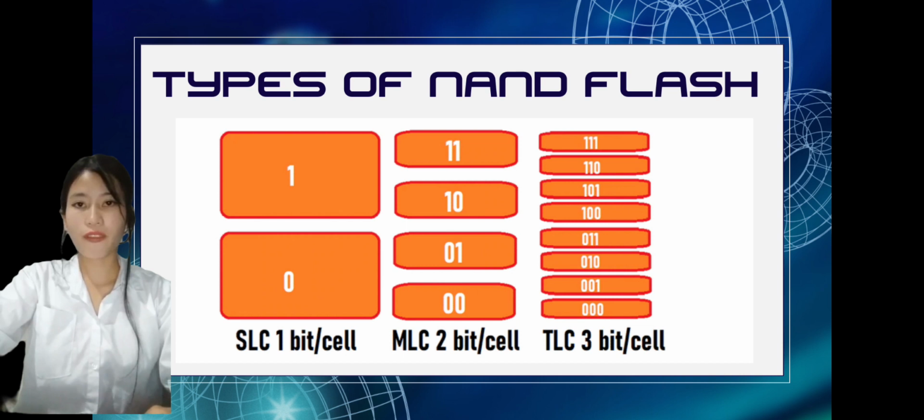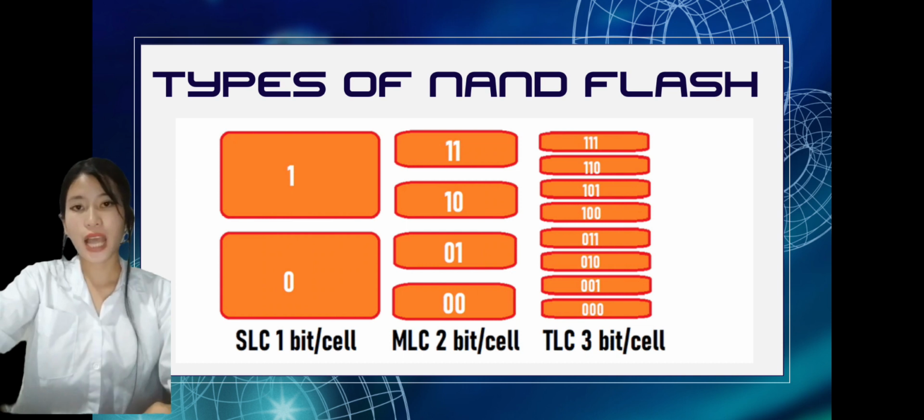In SLC flash, each memory cell stores only one bit of information, either logic 0 or logic 1. The threshold voltage of the cell is compared against a single voltage level, and the bit is considered a logic 0 if the voltage is above the level, and a logic 1 if below.